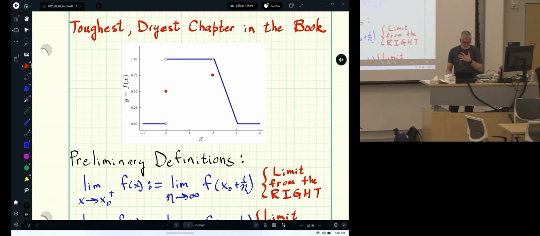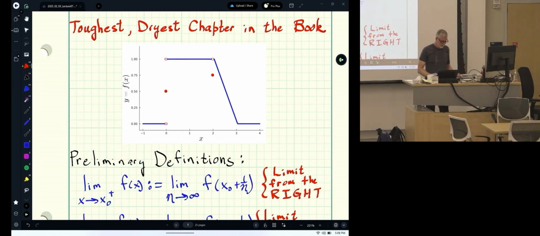I know it, you know it, so everyone knows it. This point is a problem because there's a jump, okay? This point is a problem, there's a jump. This point is not a problem. This point is not a problem. We have continuity at a bunch of points, and there's only 2 of them where there's an issue here.